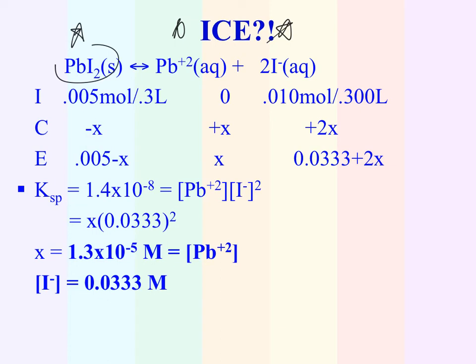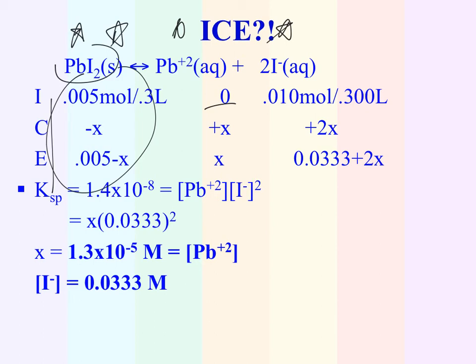We can pretty much ignore our lead iodide because it doesn't show up in the equilibrium expression. So we said we had 0 moles of the lead ion after we precipitated out our lead iodide.